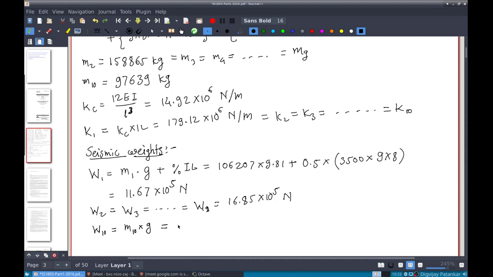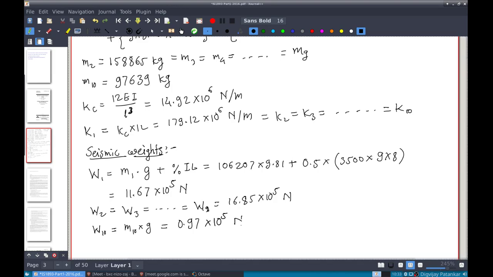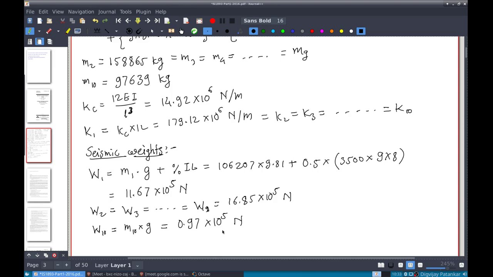What is it? 0.97 into 10 to the power 5 Newton. Okay, so much smaller.